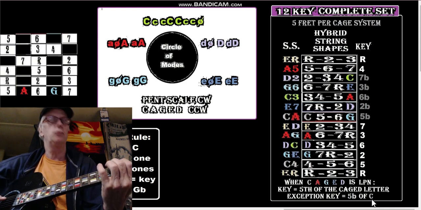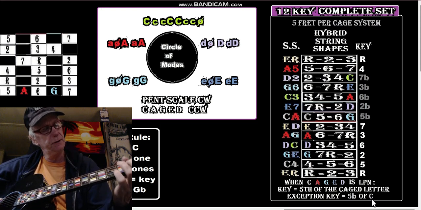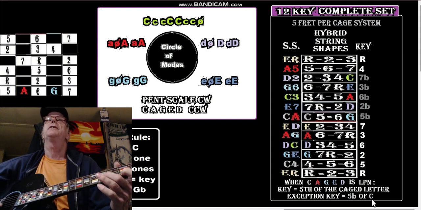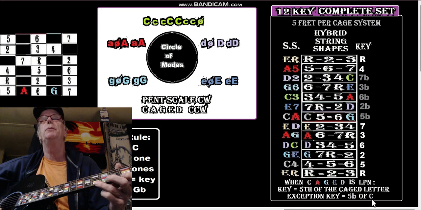I'm just going to go root, 2, 3, 4, 5, 6, 7, root, 2, 3, 4, 5, 6, 7, 6, 7, root, 2, 3, 4. Okay. I mean, we just continue on up from there. 2, 3, 4.